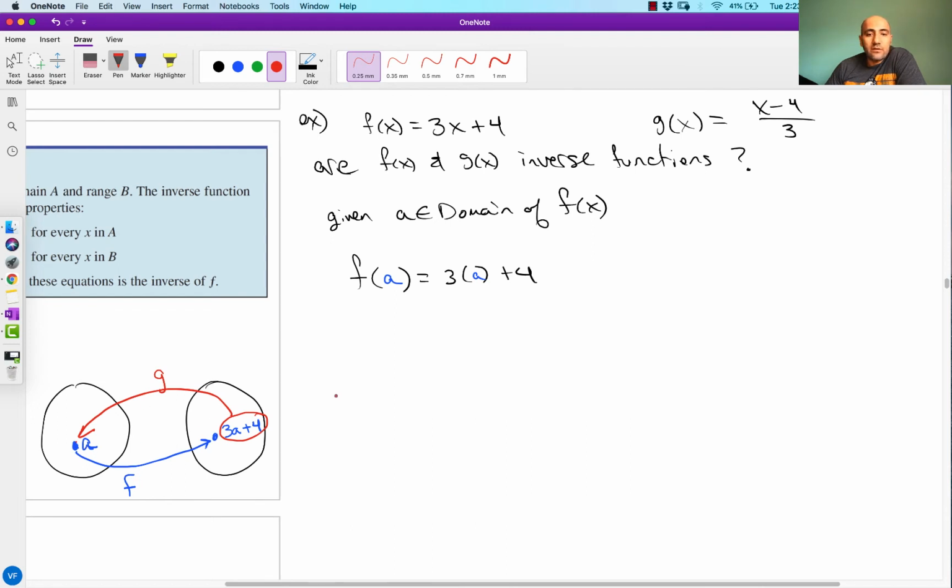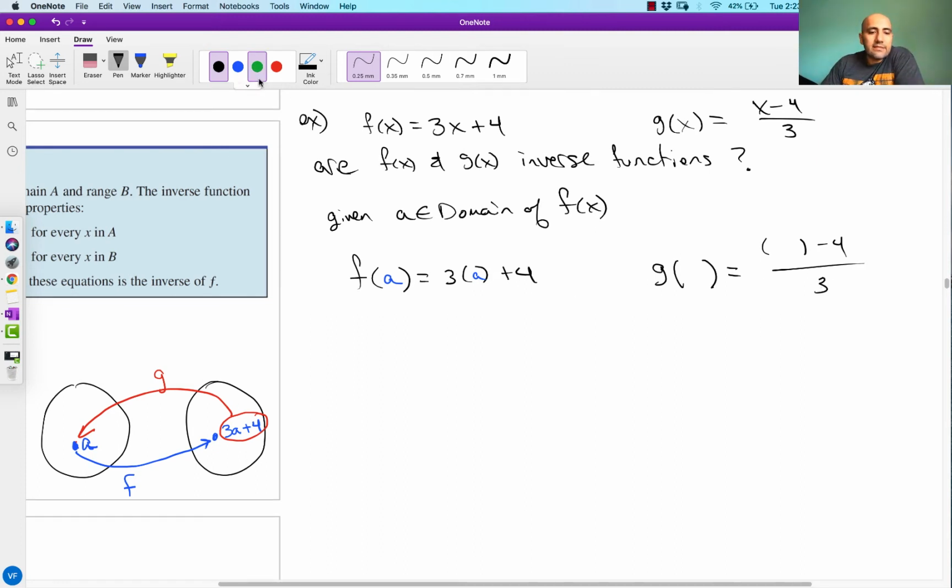They undo each other. Okay, so I'm going to take this and plug it into my g of x function. It says g of blank equals blank minus 4 over 3.